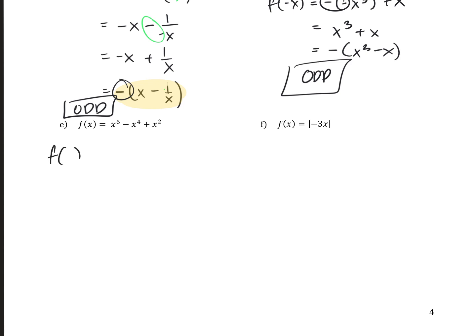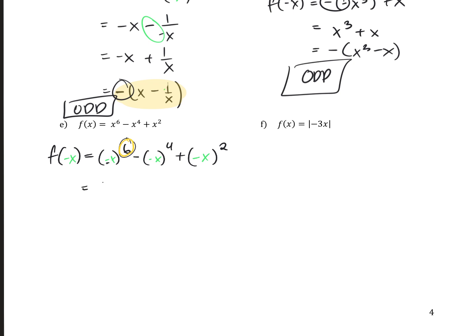So let's see, f of x is going to equal, and we want to replace the x with the opposite again. That's what we're doing to test. So plugging in the negative x, negative x, negative x, negative x. Now, whenever we take any negative item and we raise it to a positive power, it's always going to end up being a positive number.